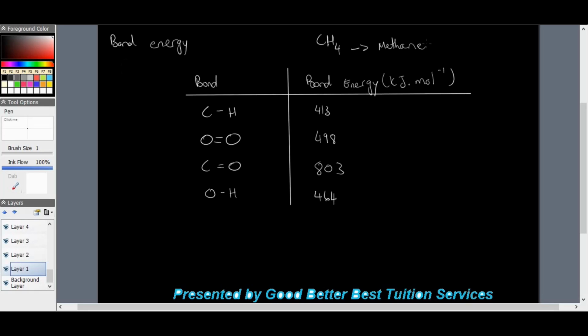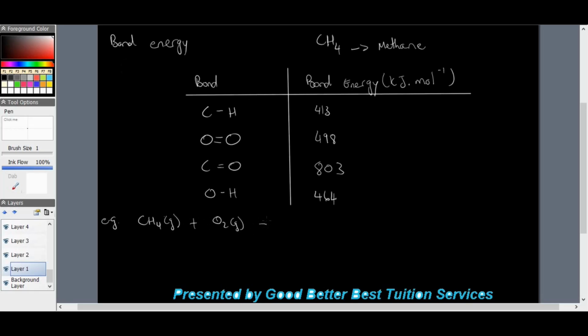Let me think about this first. Let me write out the reaction first. If I take an example for the reaction of methane and oxygen, I've got CH4, which is a gas, and I want to react that with oxygen, O2 gas.